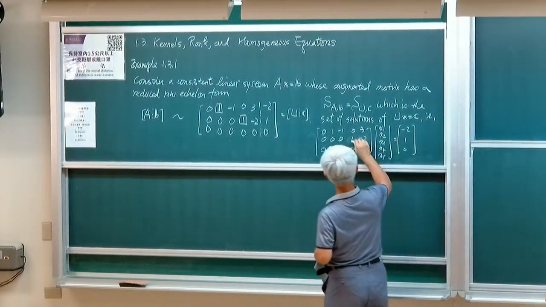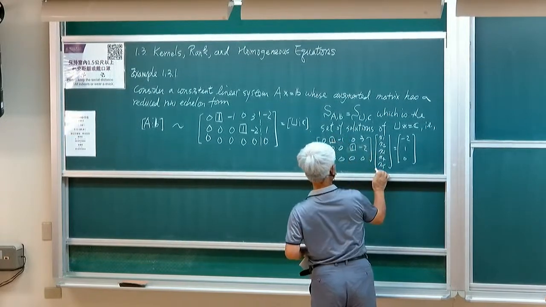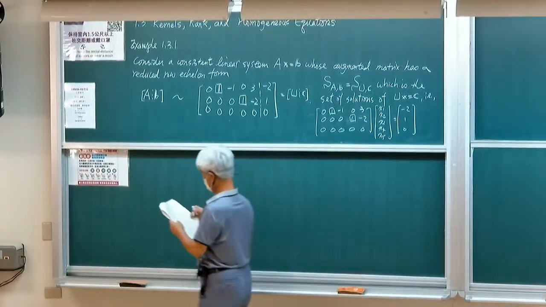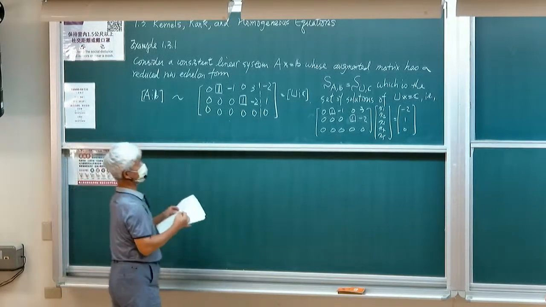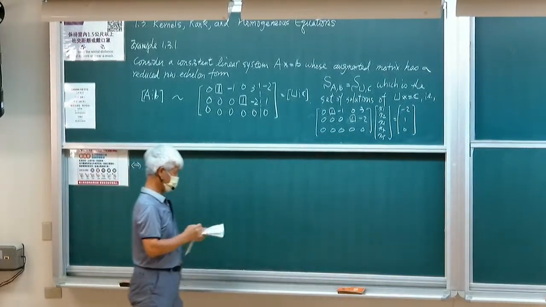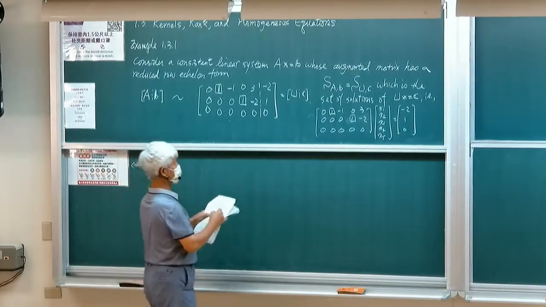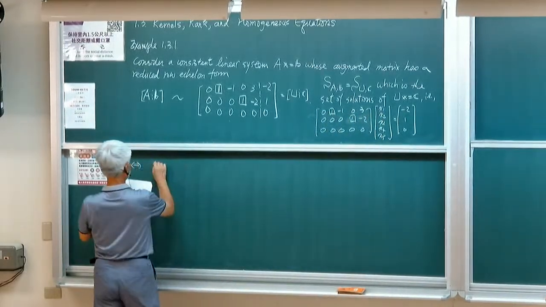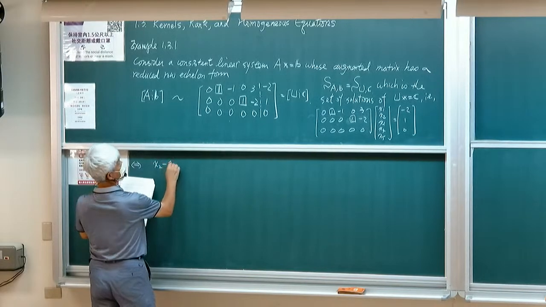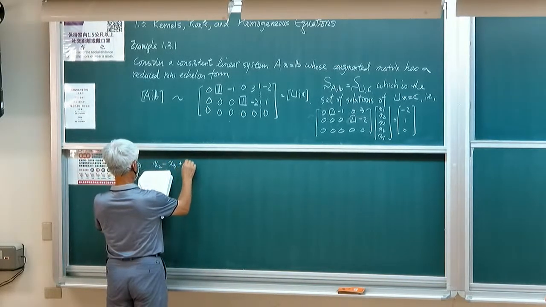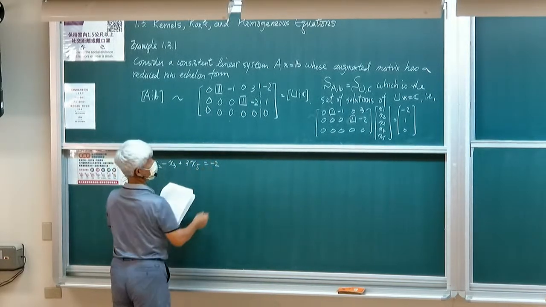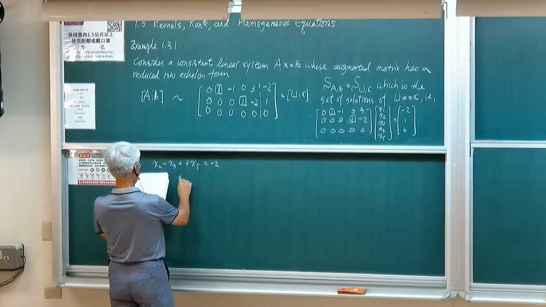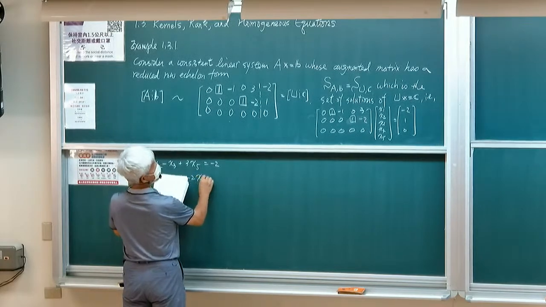Now, with the pivots, we can solve this linear system immediately. For the first row, we have x2 minus x3 plus 3x5 equal to minus 2, and x4 minus 2x5 equal to 1.